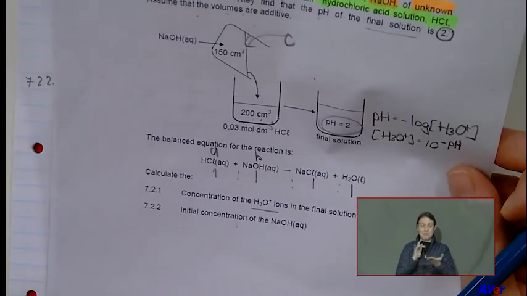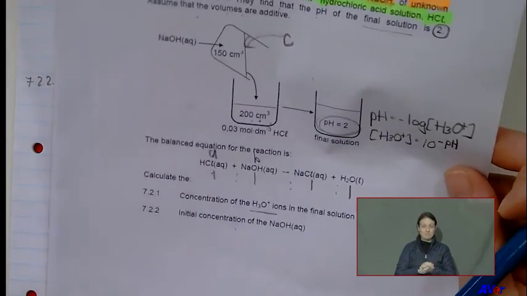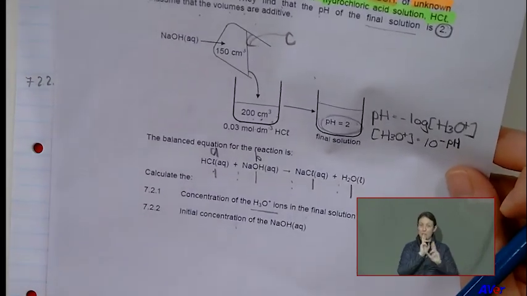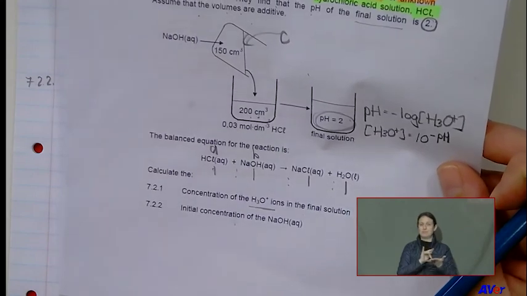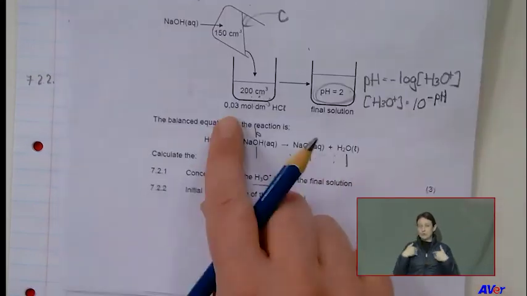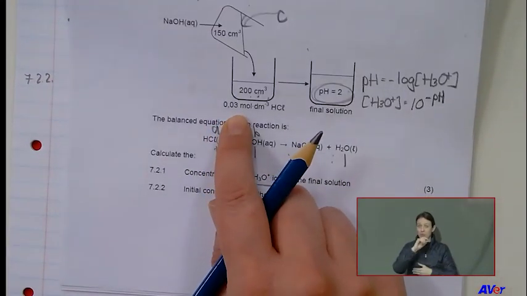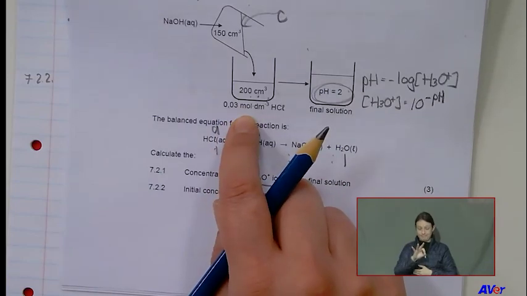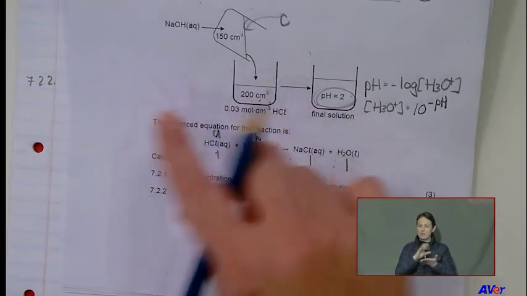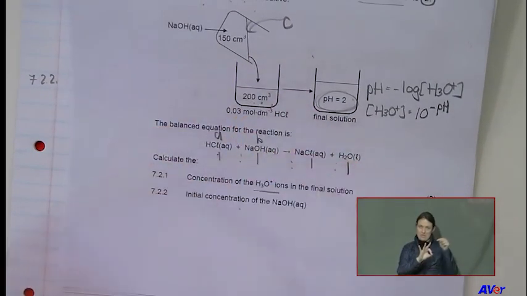So what we want to calculate is the acid that actually reacted. Because we know initially how much acid did we have? 0.03. So we want to calculate now, but how much of this 0.03 actually reacted? Because then we know how much was left.